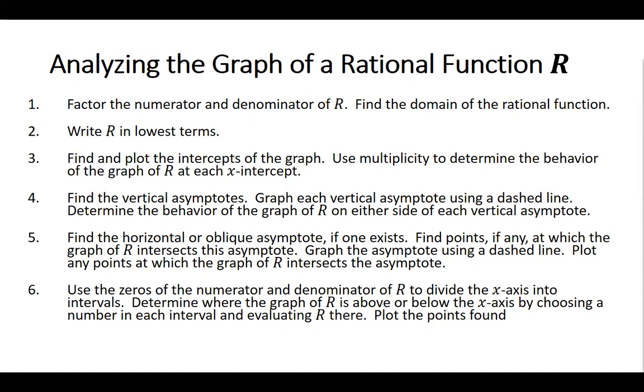One of the really nice things is we know about multiplicity now. By using multiplicity, once we know one sign in one interval, we can determine all the signs of the other intervals without having to go through and plug in more numbers, which makes our life really nice. And then use the results obtained in steps 1 through 6 to graph R.